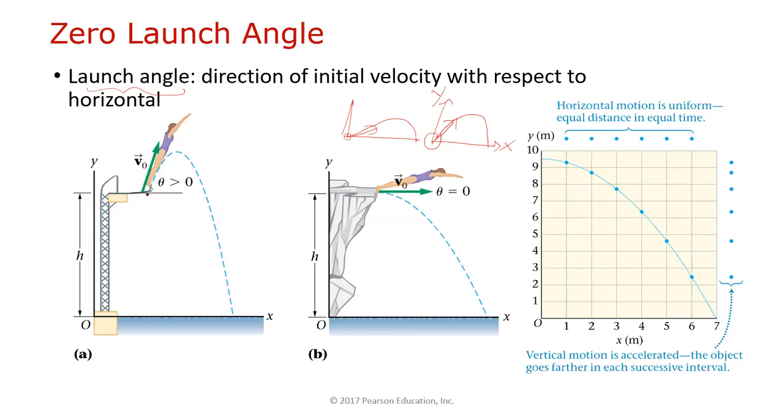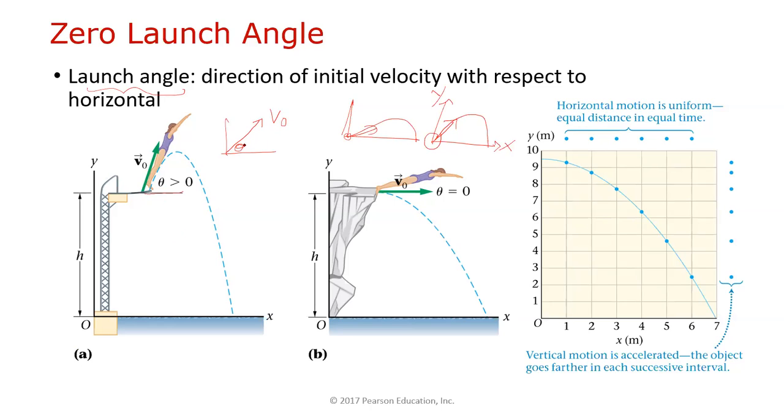In this case, this is the diver, this is the horizontal direction, and this is her initial velocity. Make sure, if I draw the velocity, I would draw it as V naught, and make sure I don't have any x or y.